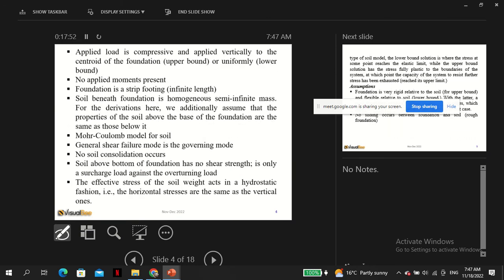So the load is applied compressive and applied vertically. We apply a compressive vertical load, and of course it is applied at the centroid of the foundation, that's the upper bound, and uniformly on the lower bound.